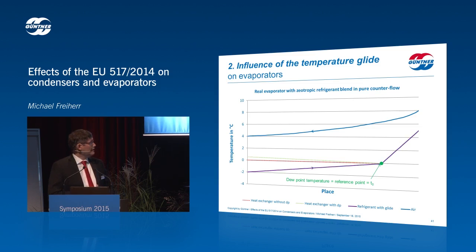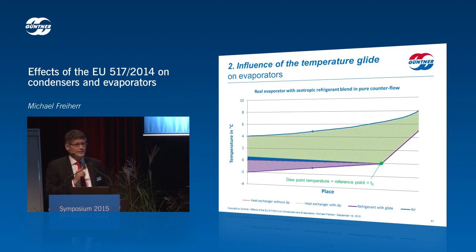And for a zeotropic refrigerant blend, we see that the dew point temperature is set as evaporation temperature. If you use a refrigerant with temperature glide, the refrigerant which is heating up in evaporation has to enter the condenser at a lower temperature to have 0 degree temperature at the outlet of the condenser.